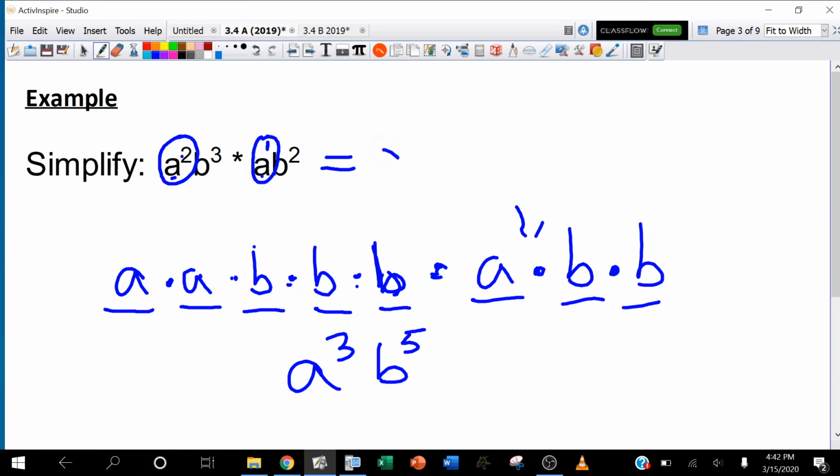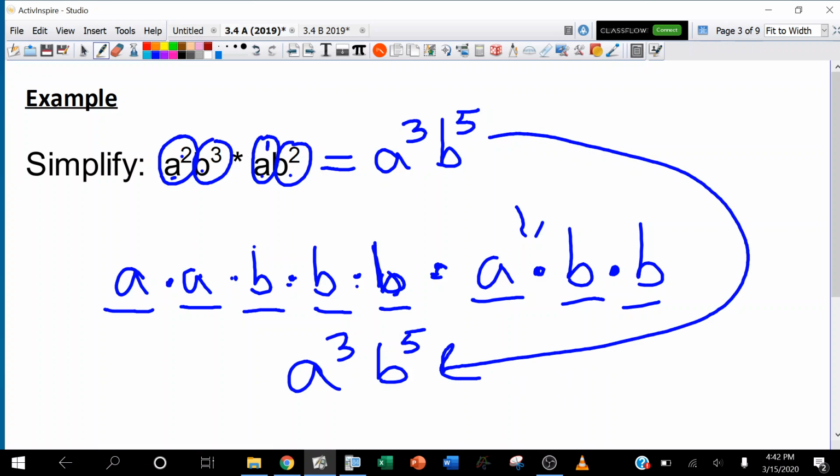So 2 plus 1 is 3, so that's a to the 3rd. And then for the b's, I got b cubed, b squared. Since the bases are the same, they're both b's, I can add the 3 and the 2, and that would be b to the 5th power. So you can see here I get the same answer when I use the shortcut as when I work the problem out like that. So that's an example where there's 2 different variables.